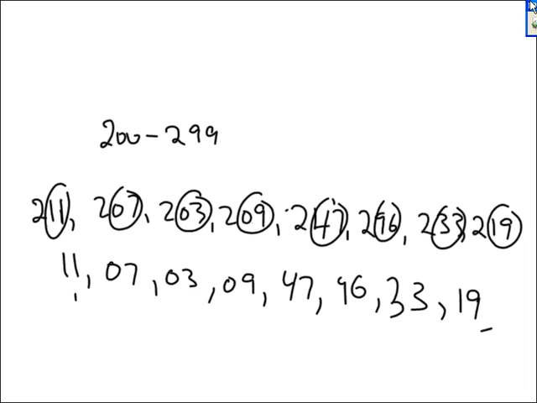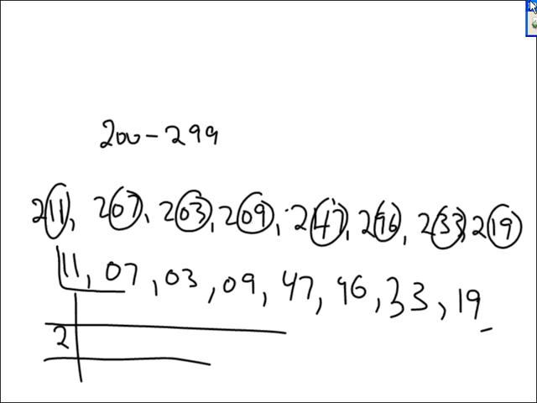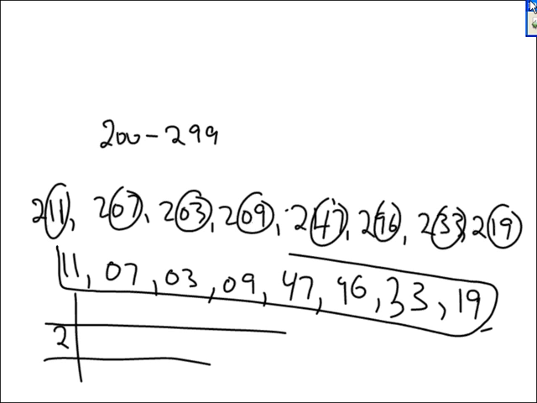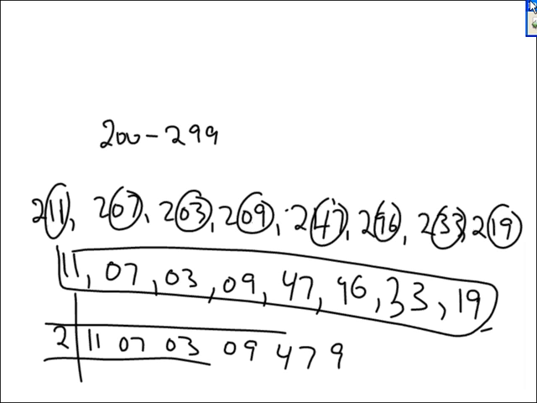And with respect to a stem and leaf graph, for row 2, this is exactly what would be by row 2. 11, 07, 03, 09, 47, 96, 33, 19.